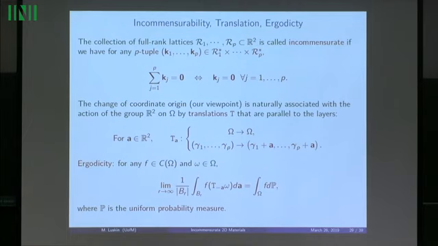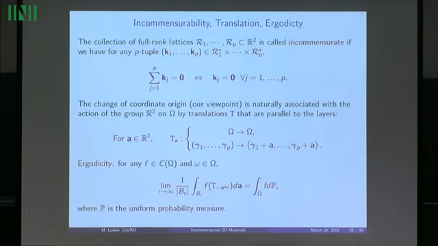Now we also have a generalization of what incommensurate means for a p-layer system: if you take a sum of p reciprocal lattice vectors, one from each layer, and they sum to 0, then each of them has to be 0. That reduces to the same definition we had for a bilayer system.